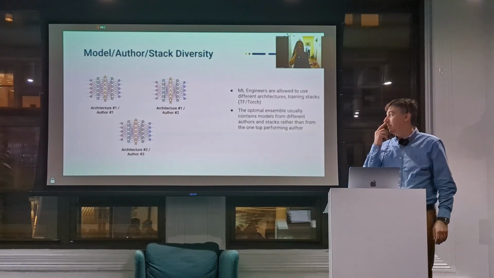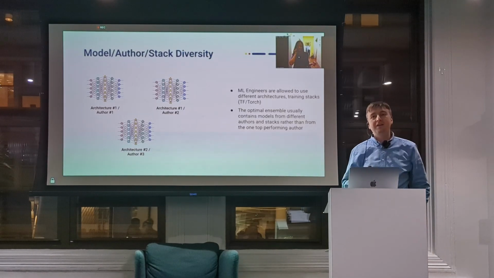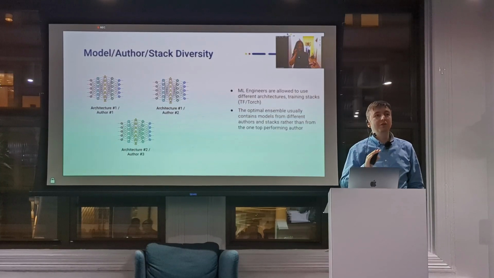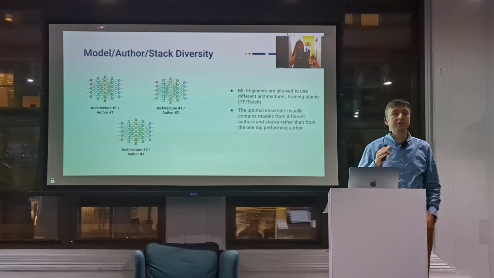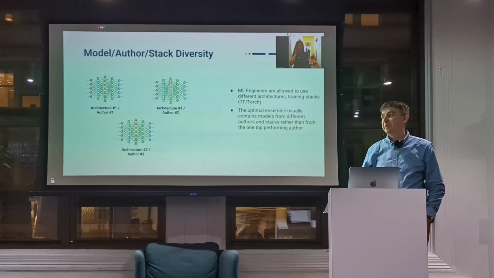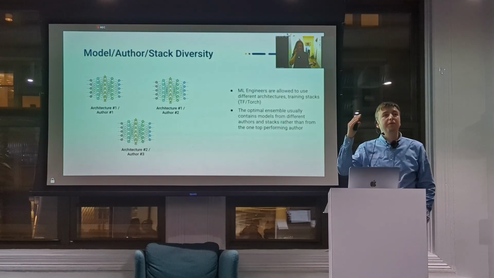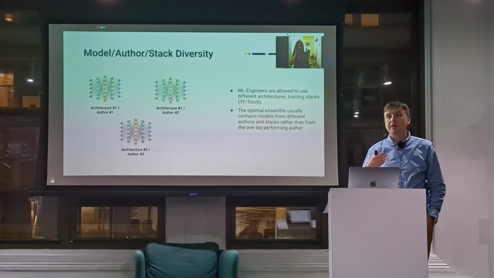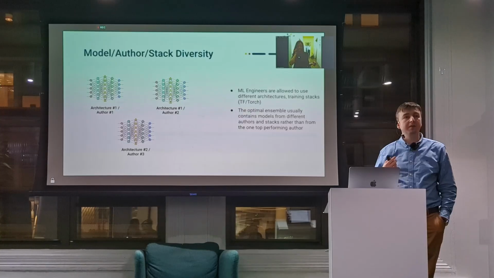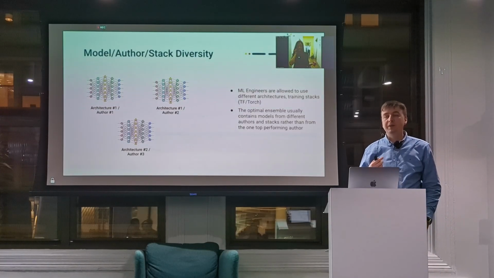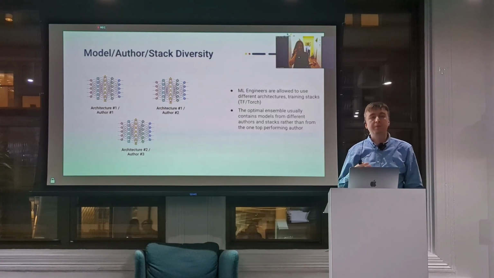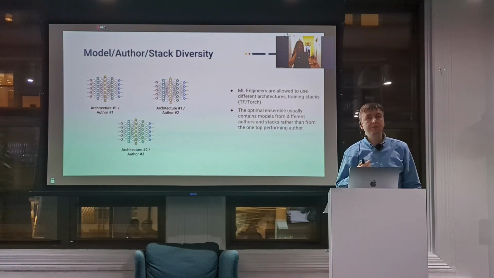And it's a very interesting fact, but sometimes some ML engineers outperform the other ML engineers because of different levels of skills, experience, and so on. And sometimes on our leaderboard, the first 3 positions are occupied by the same author, the same ML engineer. But when we are doing an ensemble of neural networks, the best ensemble usually consists of neural networks not from the top of the leaderboard, but from different authors, from different people.